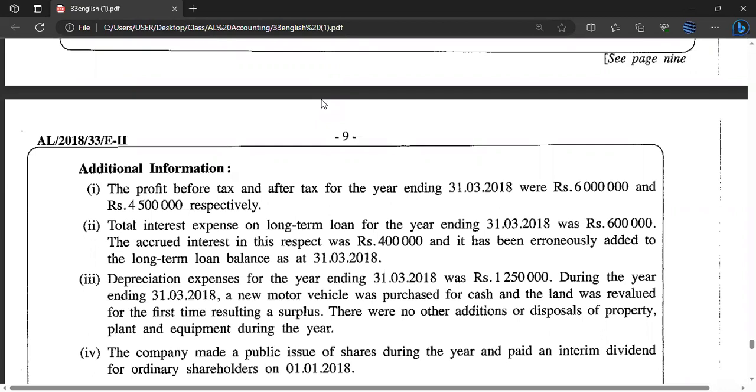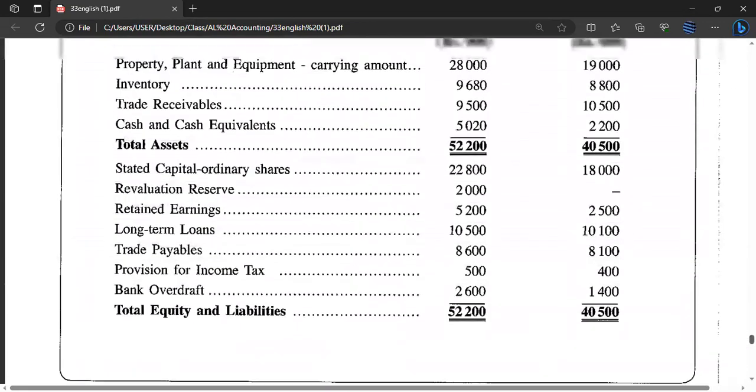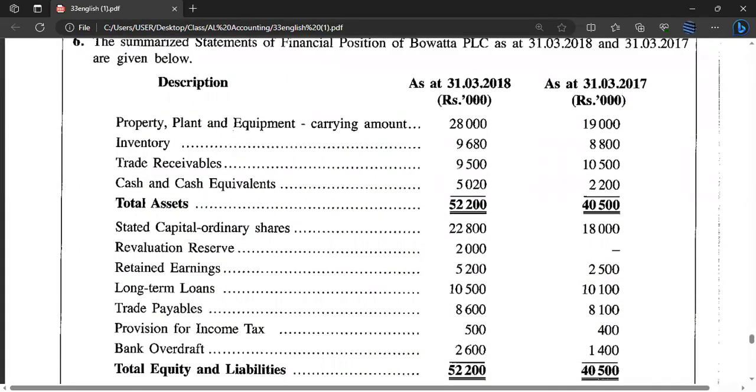That 1,500,000 is the income tax expense for the year. They have also given the provision for income tax: opening balance is 400 and closing balance is 500.